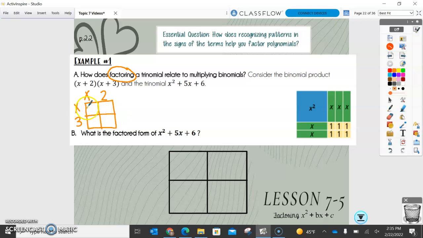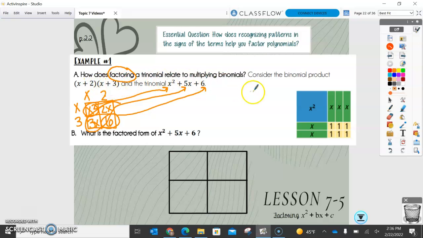X times x makes x squared, 2 times x makes 2x, 3 times x is 3x, and don't forget to multiply 2 times 3 makes 6. So my final answer is x squared, 2x and 3x makes 5x, and 2 times 3 made 6. There is the standard form after I multiplied my two binomials.